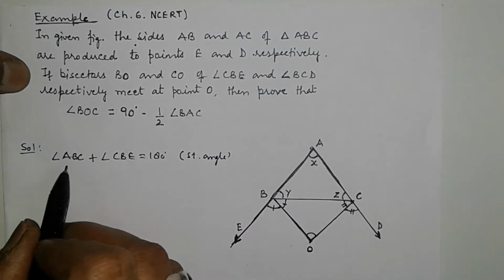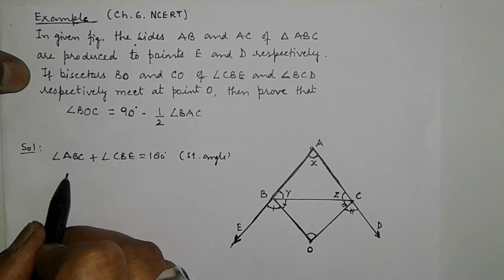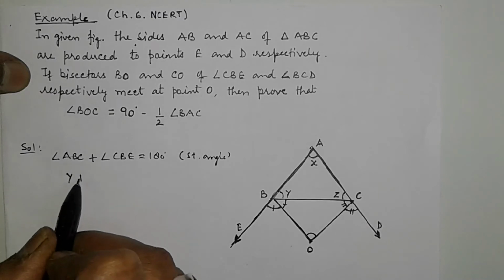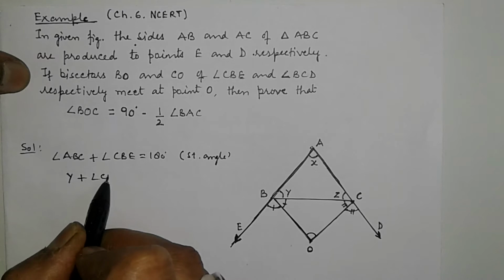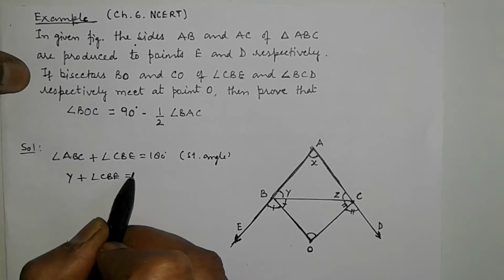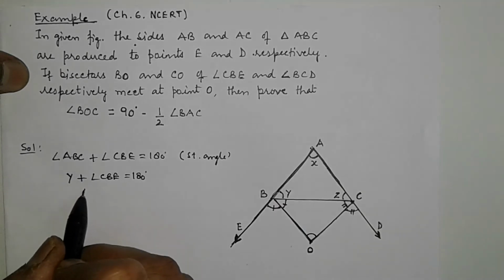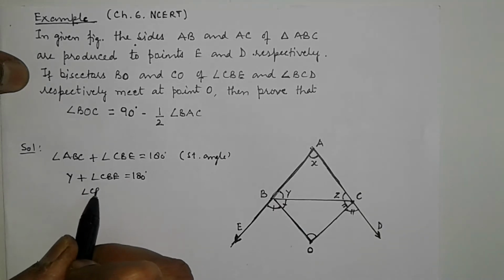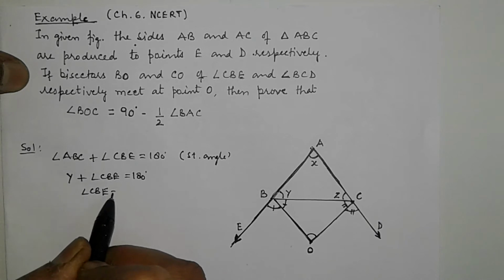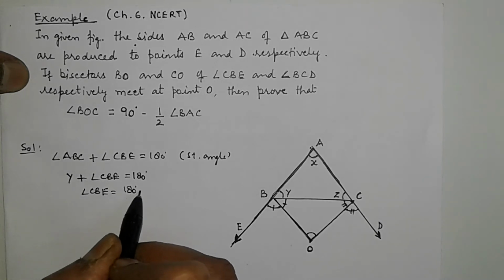Now ABC is angle Y, plus angle CBE is equal to 180 degrees. Now angle CBE is equal to 180 degrees minus Y.